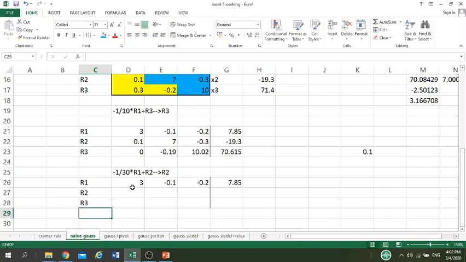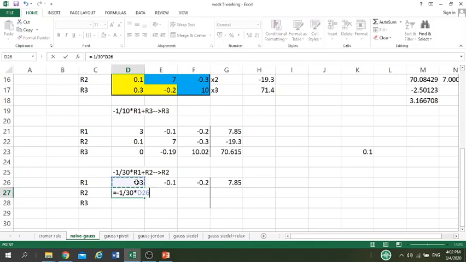Okay, so we will change these row 2 values according to this operation. So it becomes minus 1 over 30 times row 1, which is 3, plus row 2 here. See, now it turns 0.